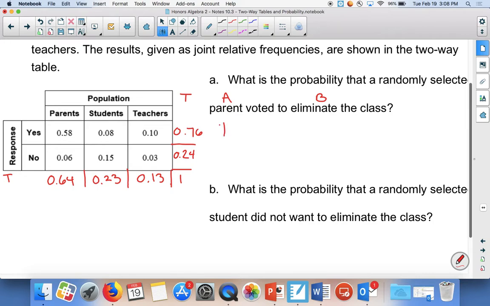So we're going to look at the probability that they voted yes to eliminate, given that they are a parent. Okay, so what's the probability that they said yes and they are a parent? Well, that's 58%. I don't want the probability that they just said yes. I want the probability that they said yes and they are a parent.